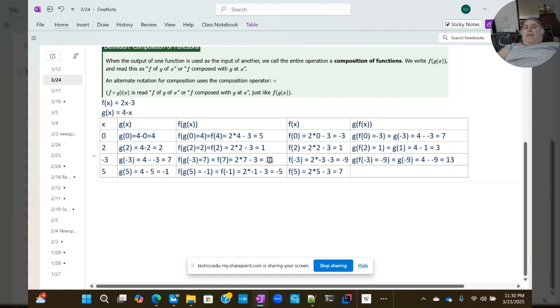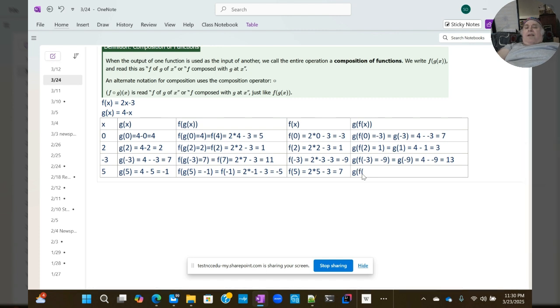So this was 11, this is 13. g of f of 5 equals g of 7, which equals 4 minus 7, which is negative 3.